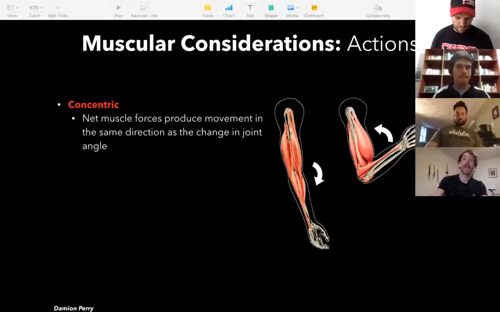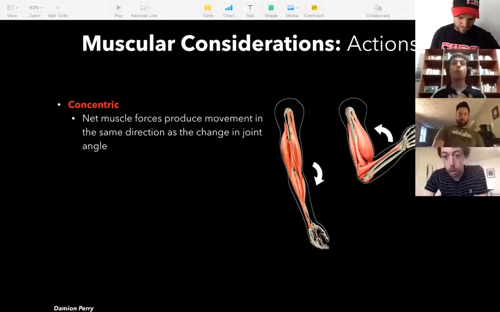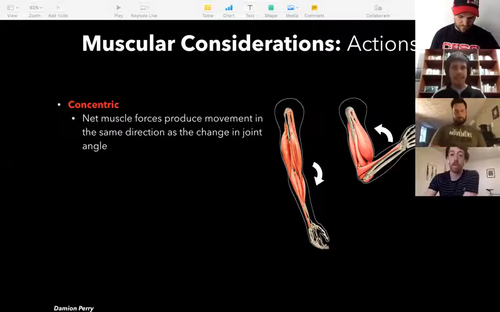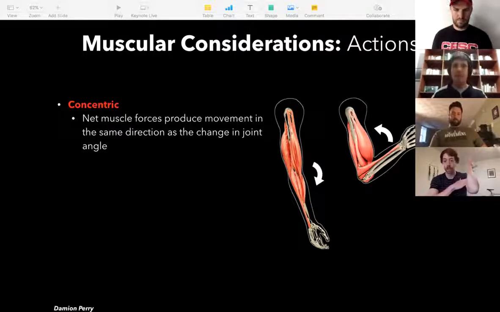So next, we have muscle considerations of actions, okay? You just talked about which muscles we're using, and now, how do they move? If we use the simple example of elbow flexion, being a bicep curl, for making things simple and making our biceps bigger, the concentric action of a bicep curl is flexing that elbow.